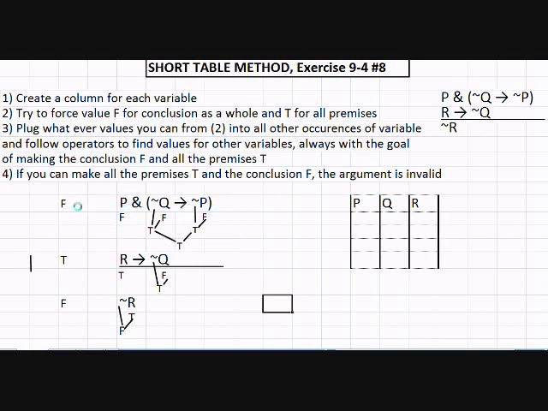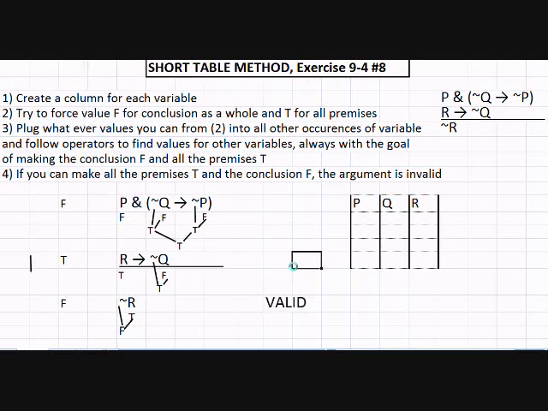What we have done is show that given what we need to do in order to make the conclusion false, by plugging the appropriate values in, we can't make all of the premises true. Since we can't make all of the premises true when the conclusion is false, what we've done is show that this argument is valid.